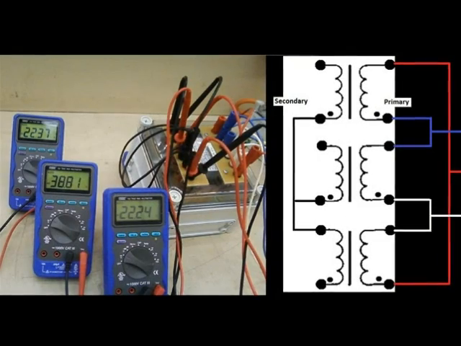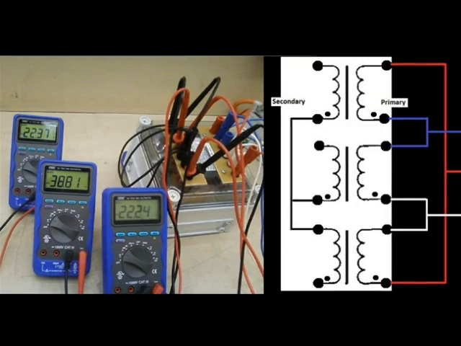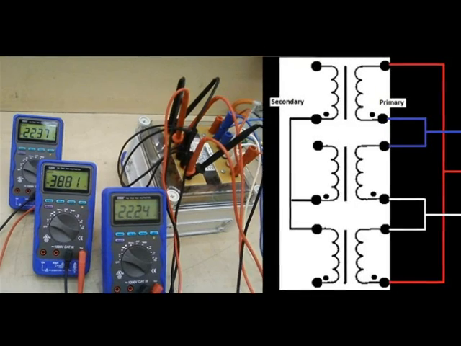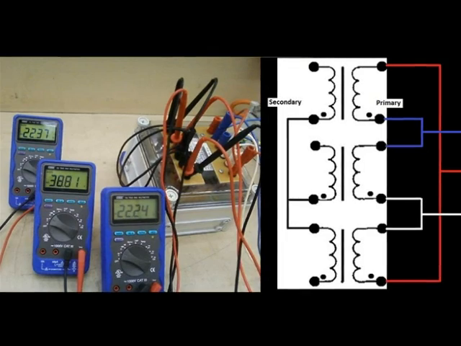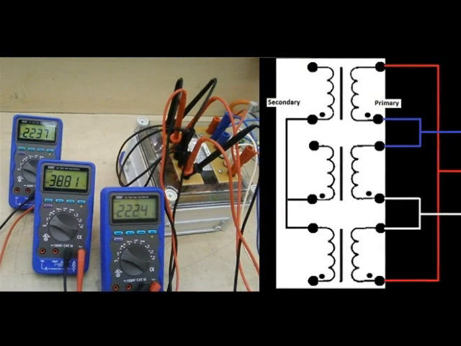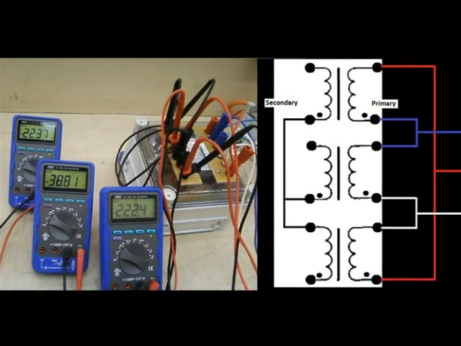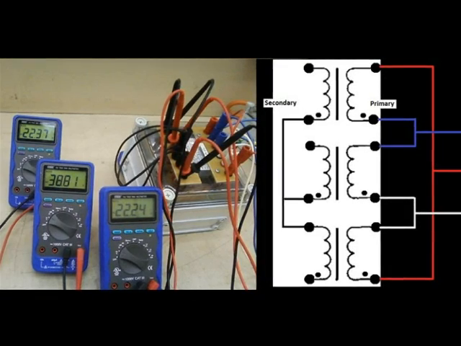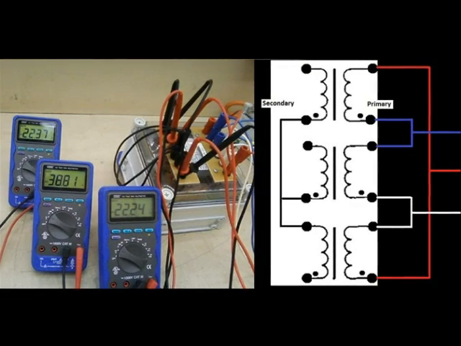Now, checking the voltages on that star connection, you can see here from the 3 line voltages that we have unequal voltages. So you see we have 22 volts, 38 volts, and 22 volts. You will find that if you check the phase voltages they will be equal, but the line voltages, as shown here, are unequal.